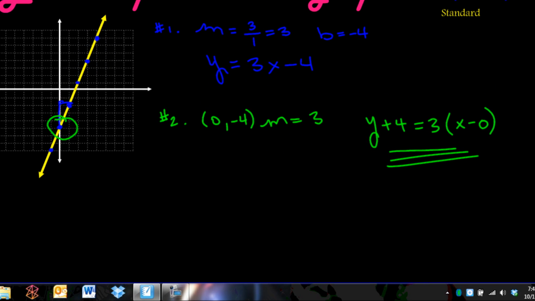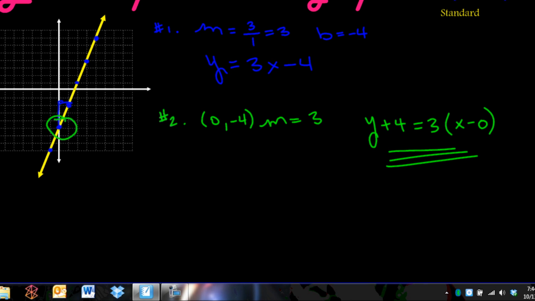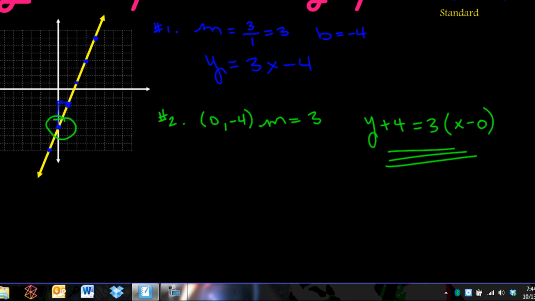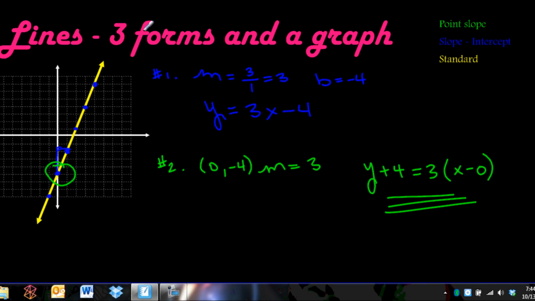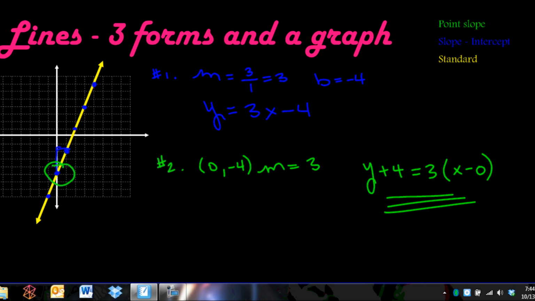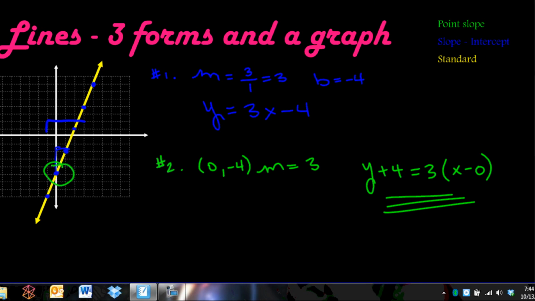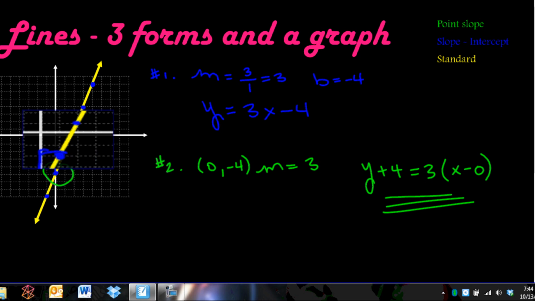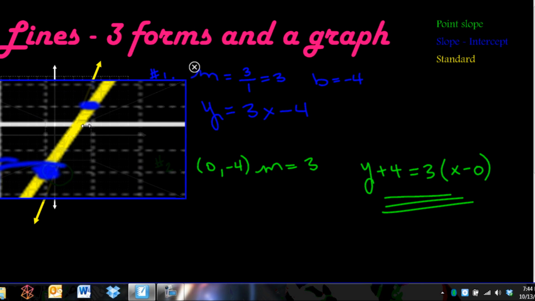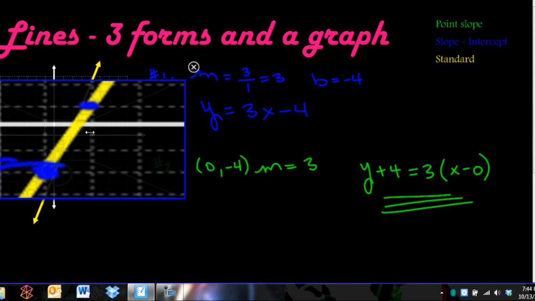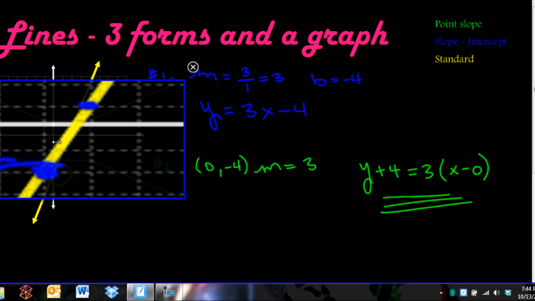Now, the last form that we need to work on is standard form. And in standard form, you need both intercepts. The problem that we're going to have with this line is that the x-intercept is not a pretty number. You can't really tell if it's going through the 1 or through the 2.